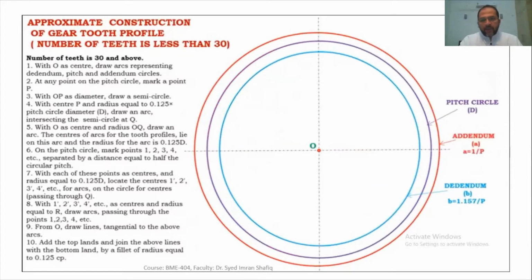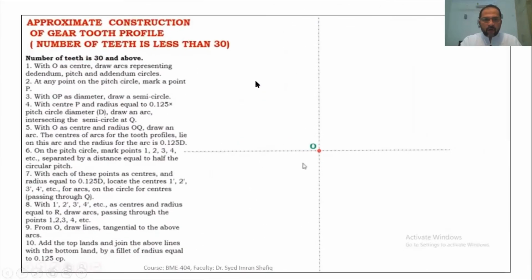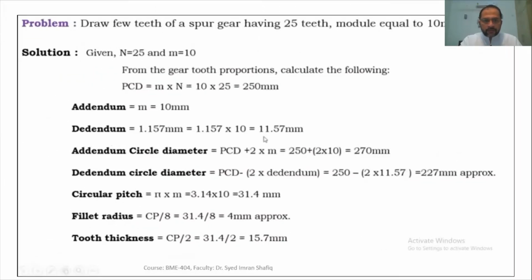With O as center and radius of addendum, dedendum, and pitch circle, we will draw the addendum circle, dedendum circle, and pitch circle. So we have three circles, and we have already calculated the values of these.